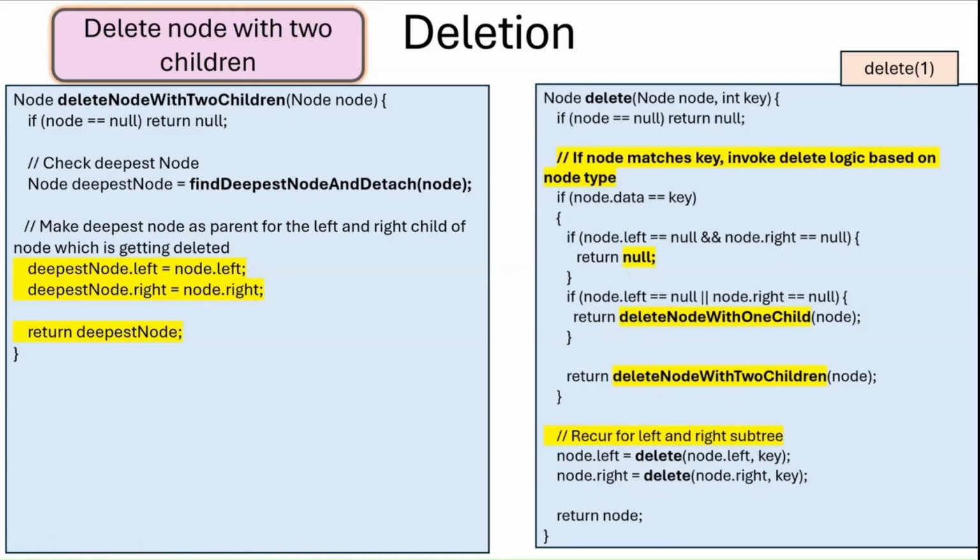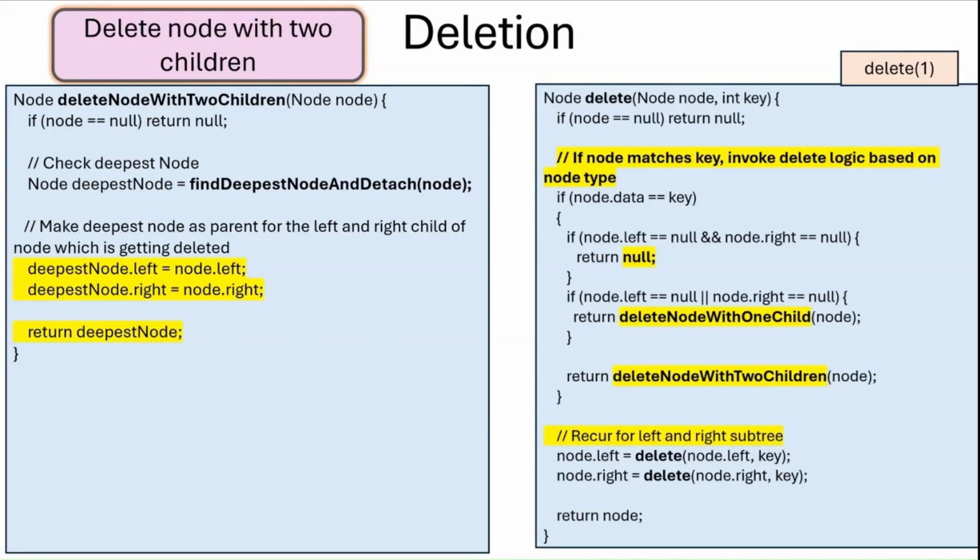So hope you understood the different ways to insert a node in a binary tree. There are different ways to insert a node in a binary tree, but it is not fixed that you should use one way. It depends on the problem you are trying to solve, and you can go in any order, like left to right or right to left, depending on the problem requirement.